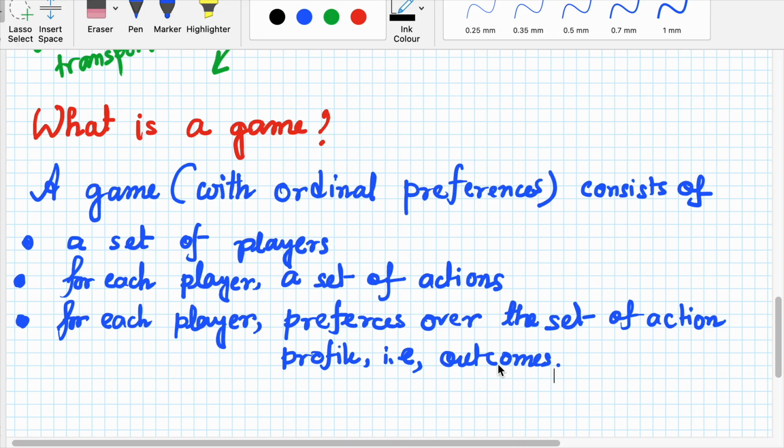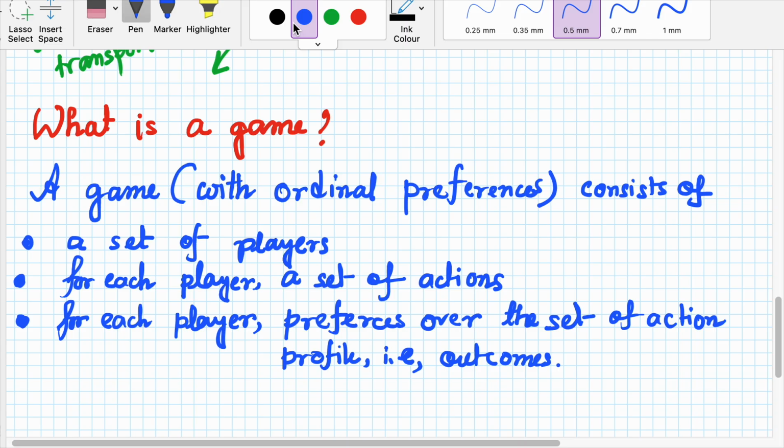So a game is defined by any situation which has three components. One is a set of players. Second, for each player a set of actions. Third, for each player the preferences over the set of action profiles or outcomes.